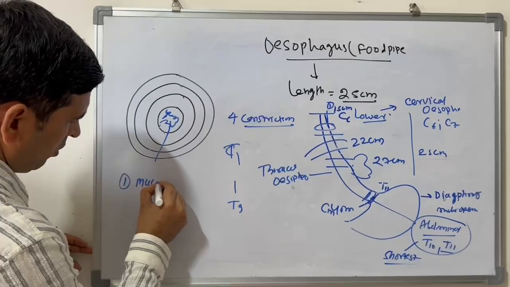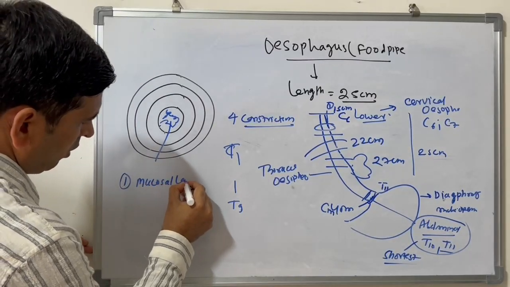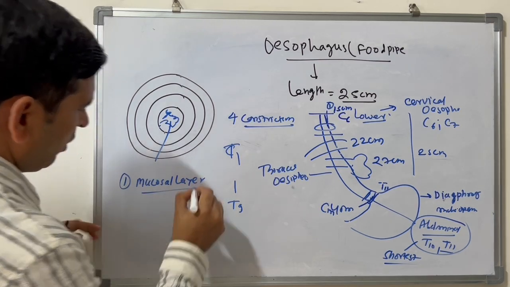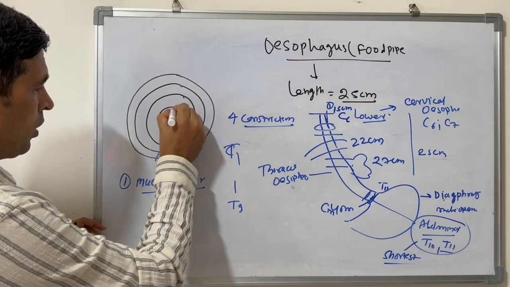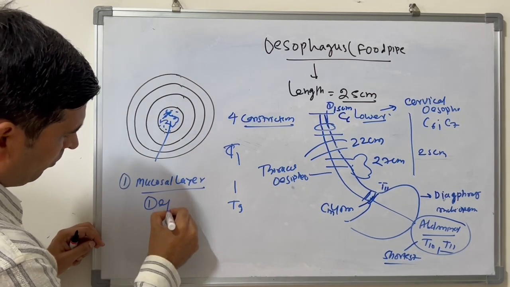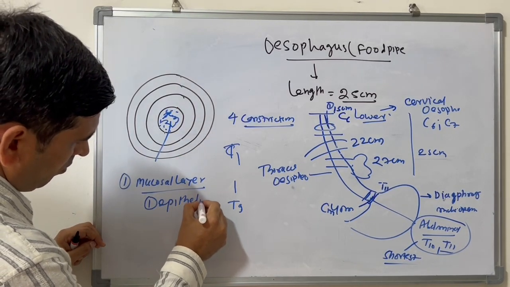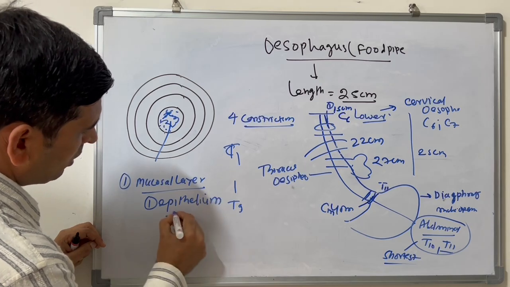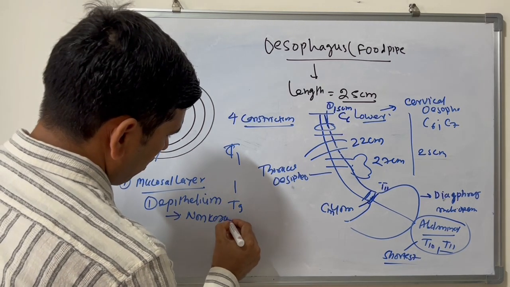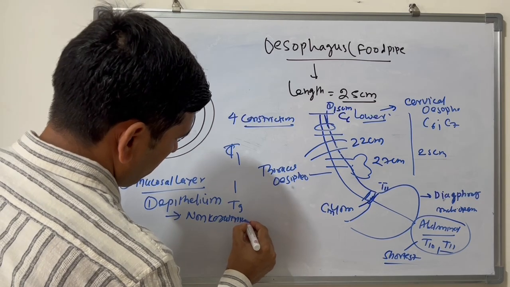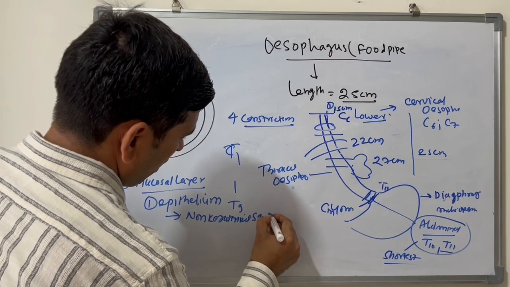The mucosal layer has three components. First is the epithelium, which is non-keratinized squamous epithelium.